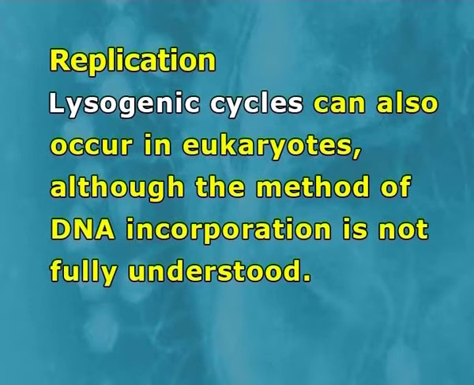Lysogenic cycles can also occur in eukaryotes, although the method of DNA incorporation is not fully understood. The distinction between lysogenic and lytic cycles is that the spread of the viral DNA occurs through the usual prokaryotic reproduction, while the lytic phage is spread through the production of thousands of individual phages capable of surviving and infecting other cells.